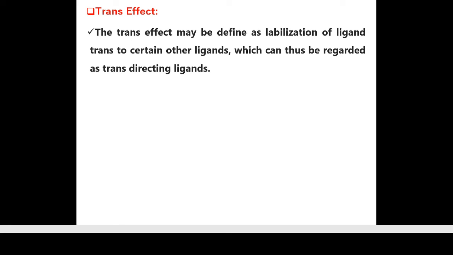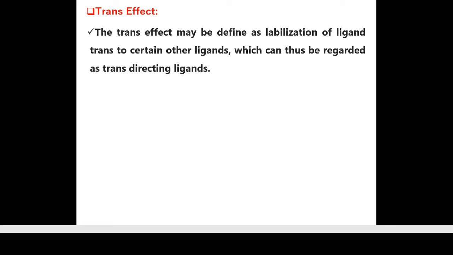Trans effect may be defined as labilization of a ligand trans to certain other ligand, which can thus be regarded as a trans-directing ligand. It's just a labilization of a ligand trans to certain other ligand.